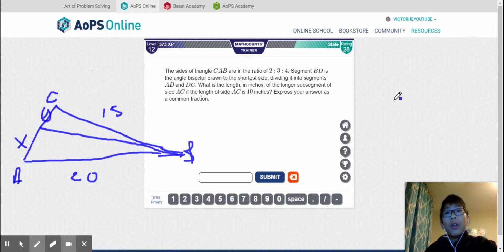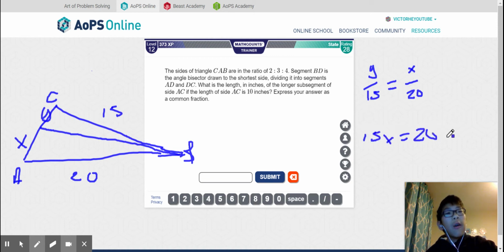So we have y over 15 equals x over 20. If we cross multiply, 15x equals 20y. We can divide both sides by 5, so we get 3x equals 4y.